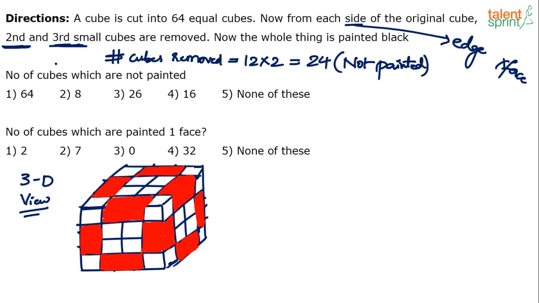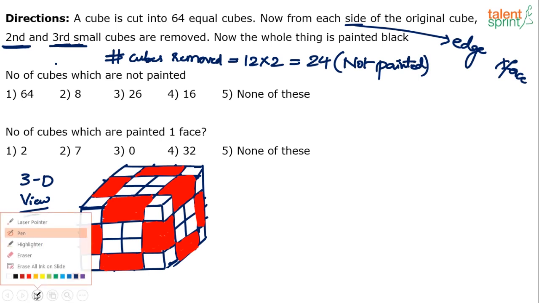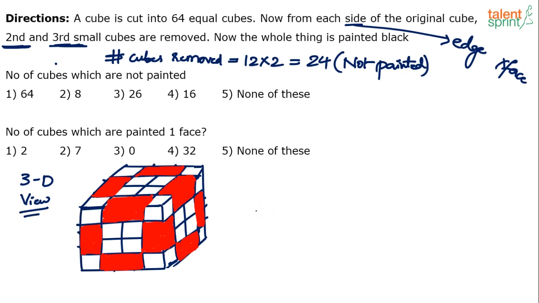Now again, if you see each face, how will each face look like? Each face will look as follows, right? I'm showing a face view. You understand? This is the front face, let's say.